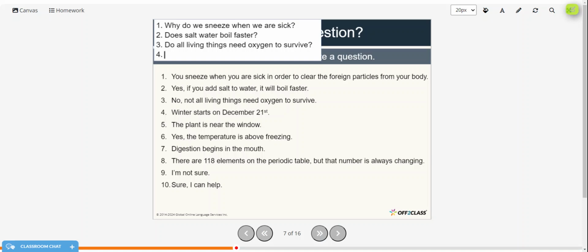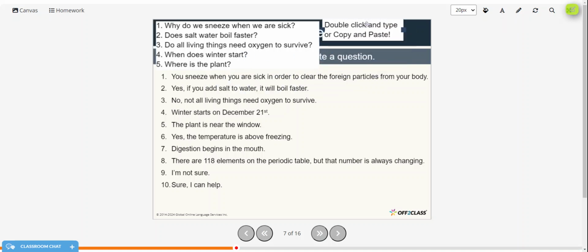Number 4, winter starts on December 21st. So when does winter start? Number 5, the plant is near the window. Where is the plant? Number 6, yes, the temperature is above freezing. So is the temperature above freezing?